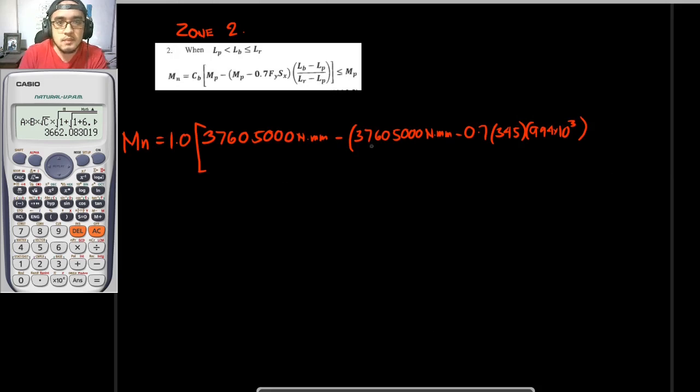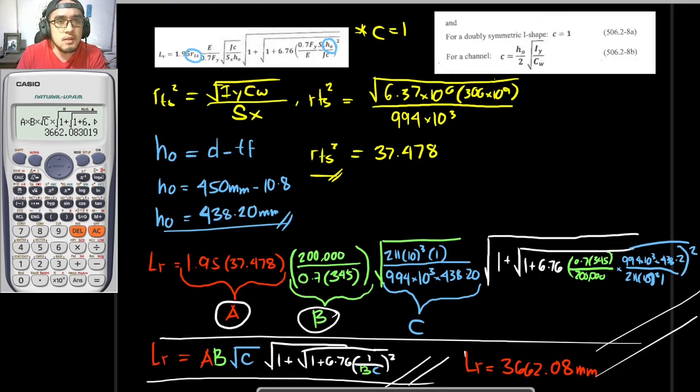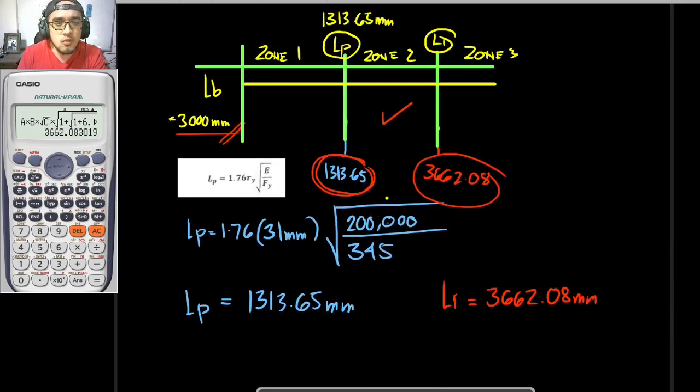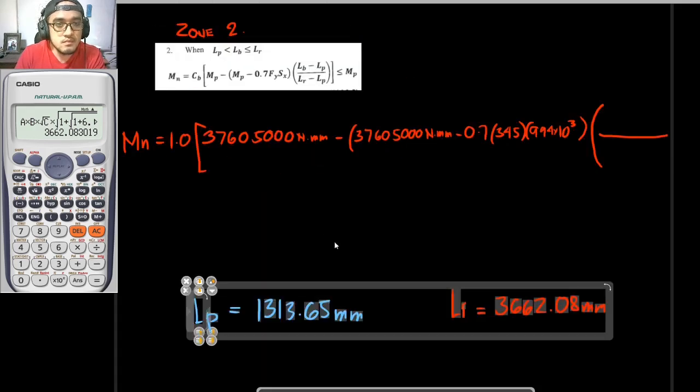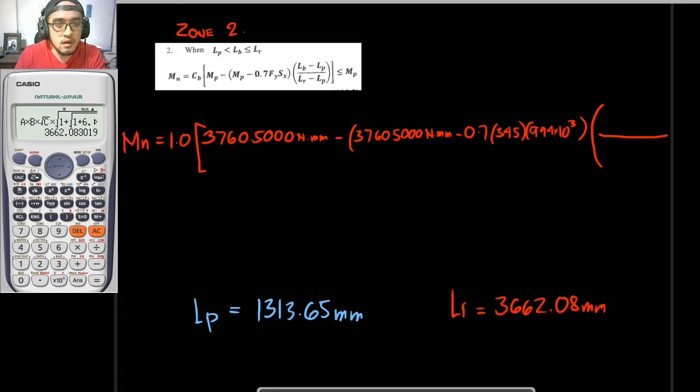Okay, so times this. So Lb minus Lp, and our Lp and Lr are 1313.65 and 3662.08 respectively. I would just be copying them for me not to forget. So Lb minus Lp.